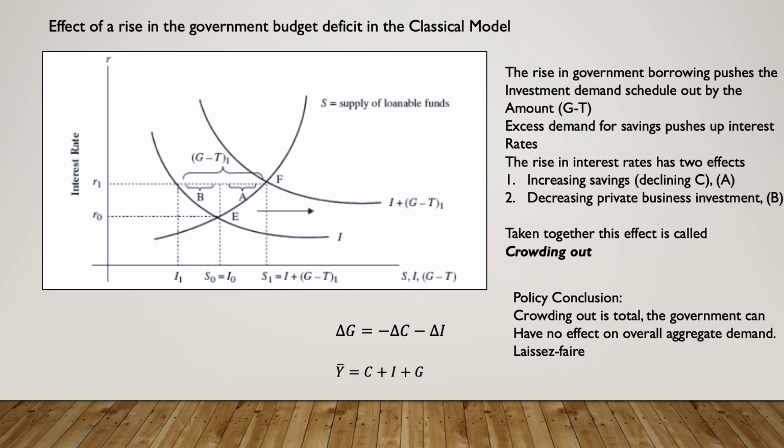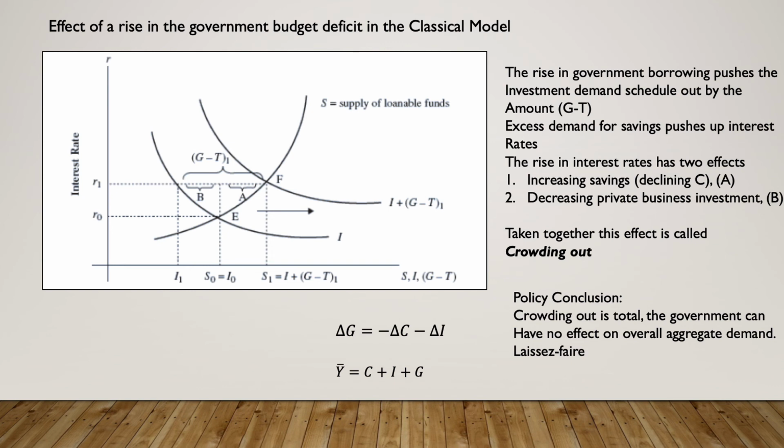Now notice what's happened. As the interest rate has increased, we've seen an increase in savings. The amount of increase in savings is indicated by our bracket A. As the interest rate increased, we would see a reduction in the amount of private investment. And the size of the reduction in private investment would be the same whether governments were there or not, right?